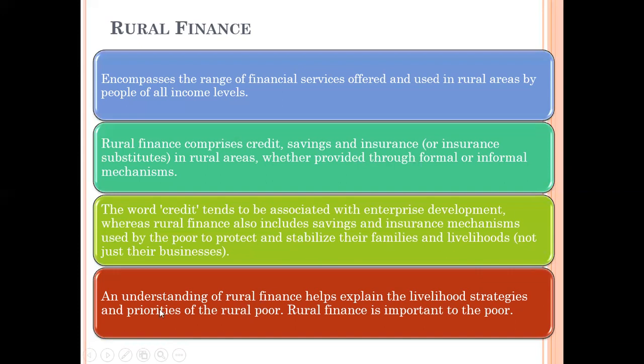And why it is important? It is important to help rural people and to improve their livelihood, and this is prioritized for the rural people. Okay, so rural finance is important to rural poor peoples.